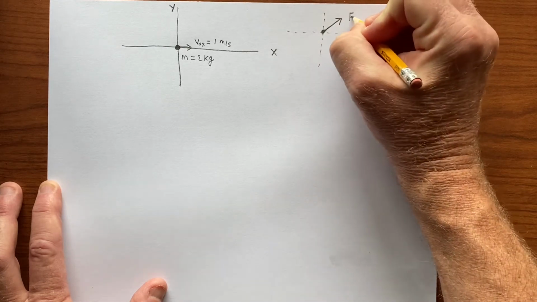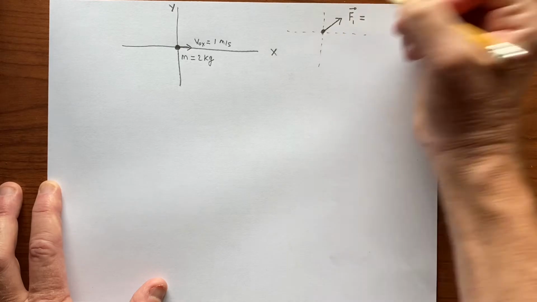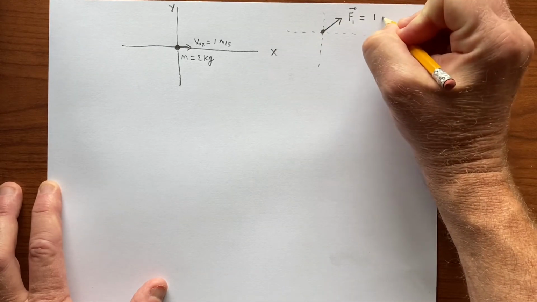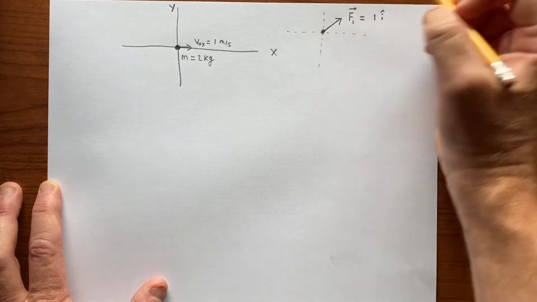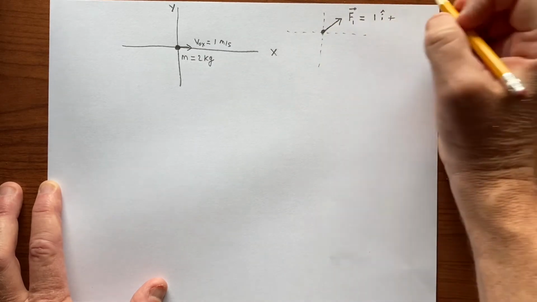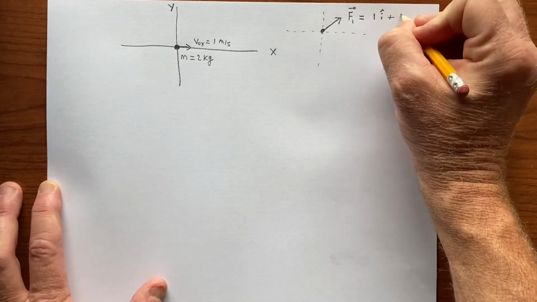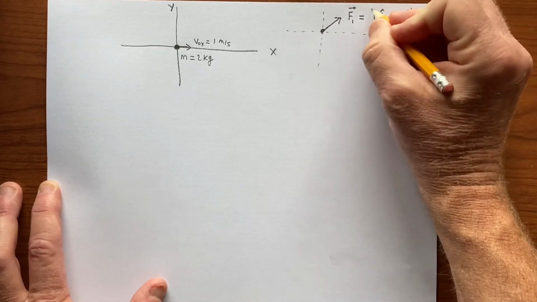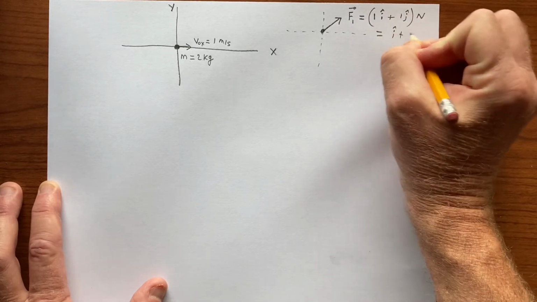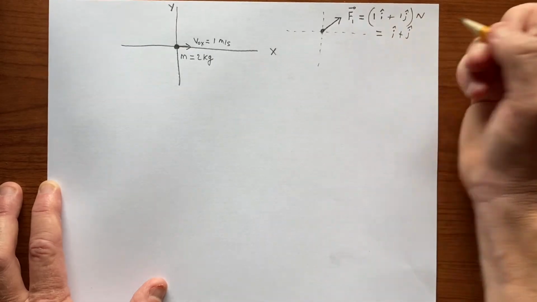So there's an F1, and that could be, let's say, 1 Newton this way and 1 Newton upwards. So 1 I hat plus 1 J hat newtons, which of course is just I hat plus J hat.